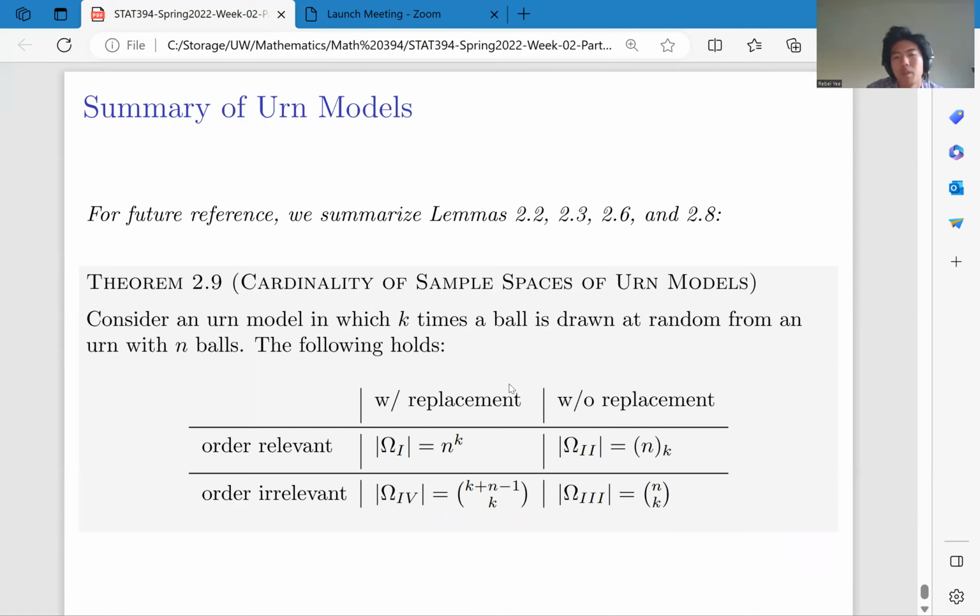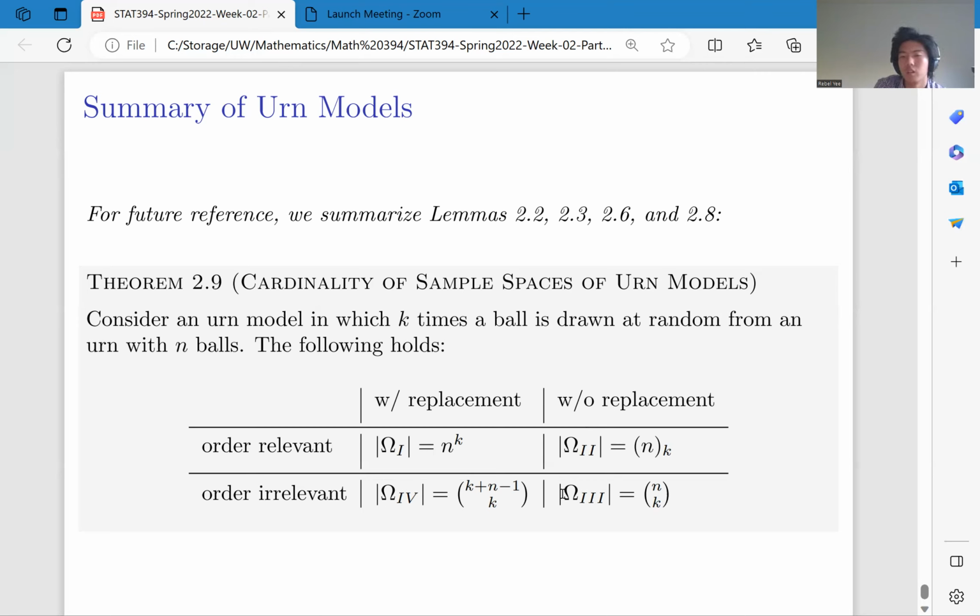We remember the first model: the order is relevant, and we draw a ball and replace it. So this is the first model, and the cardinality is n to the power of k. The second model is where we do not return the ball back, and the order is still relevant, and the cardinality is n falling k.